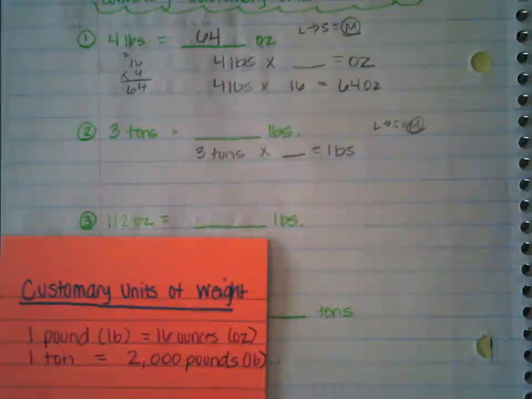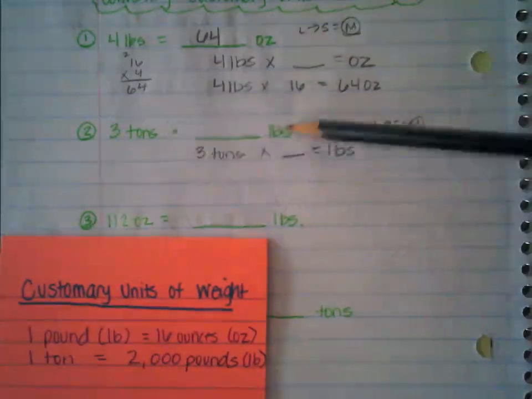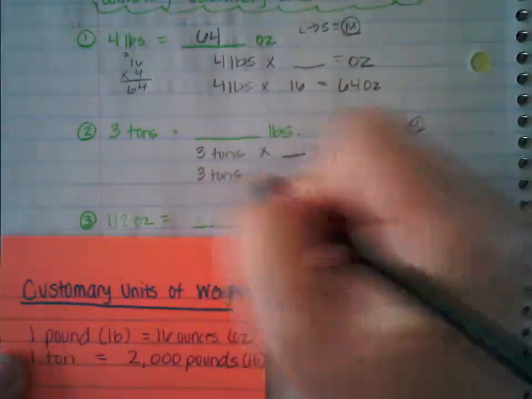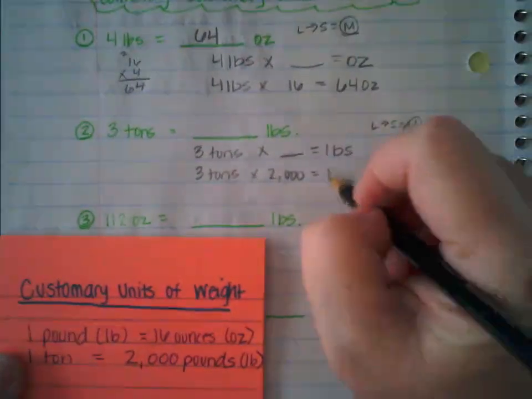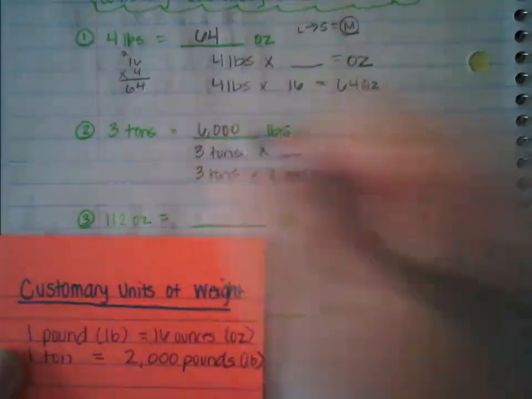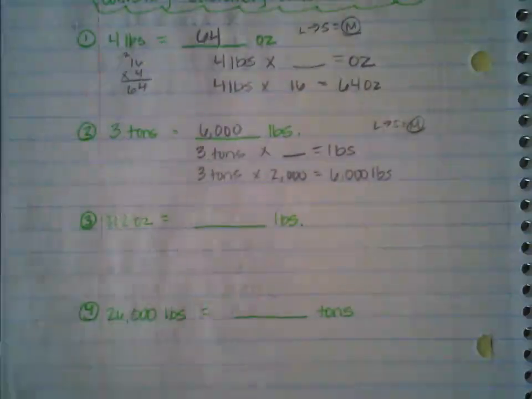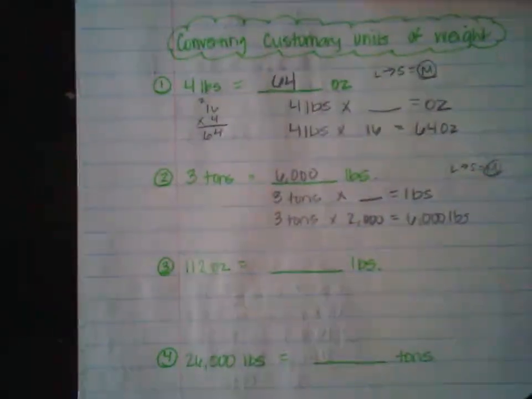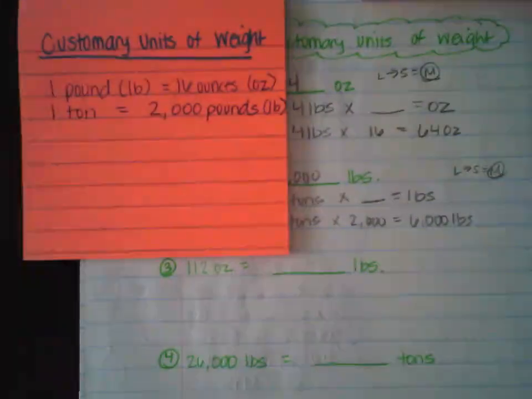Probably need to see this to solve, so I'll put it right here. So the tons to pounds, you're going to multiply by 2,000. I'll let you check that for just a minute. Now you can see it, so that's going to work.